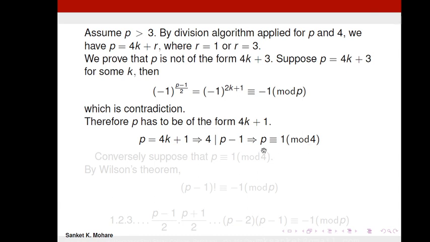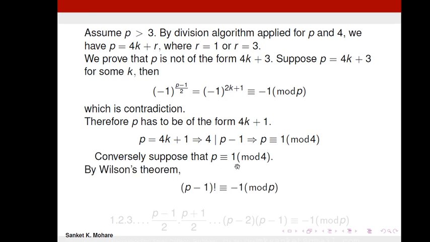Now we prove the converse part, that is, assuming p is congruent to 1 modulo 4, prove the congruence x squared plus 1 congruent to 0 modulo p has a solution. So conversely, suppose that p is congruent to 1 modulo 4.